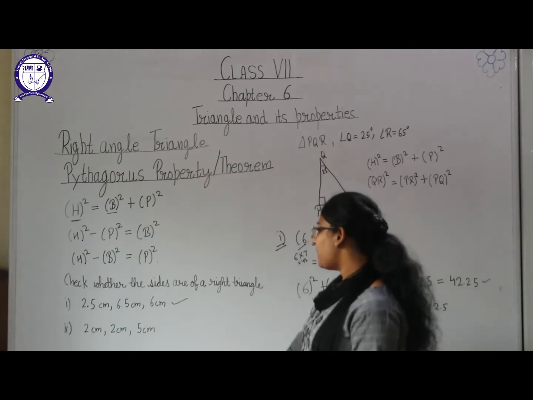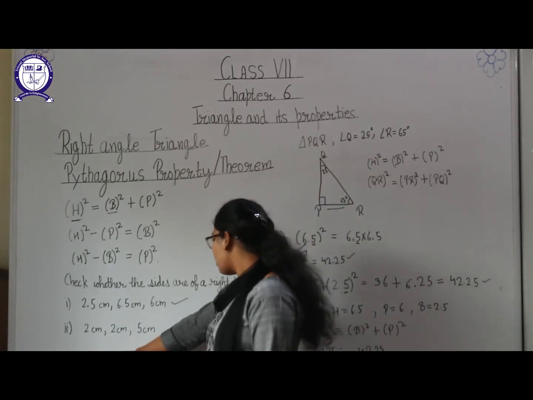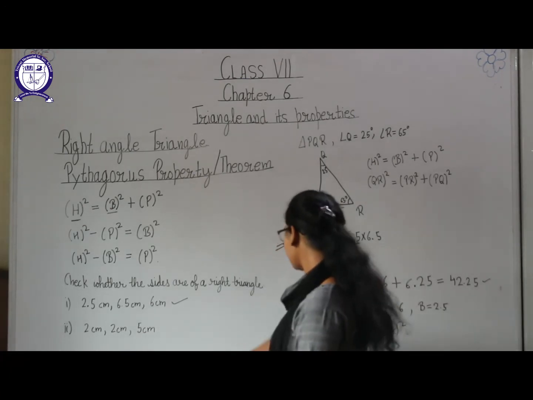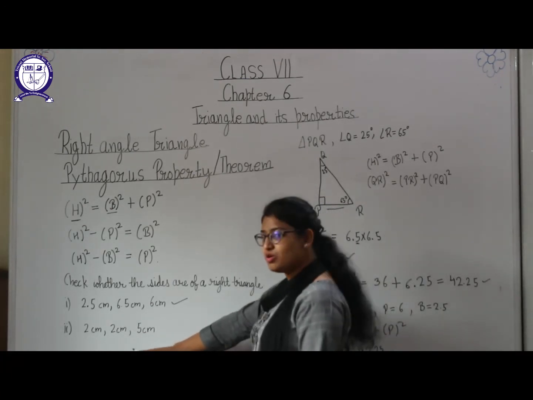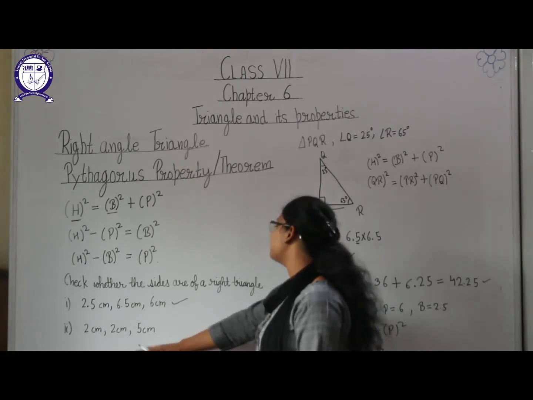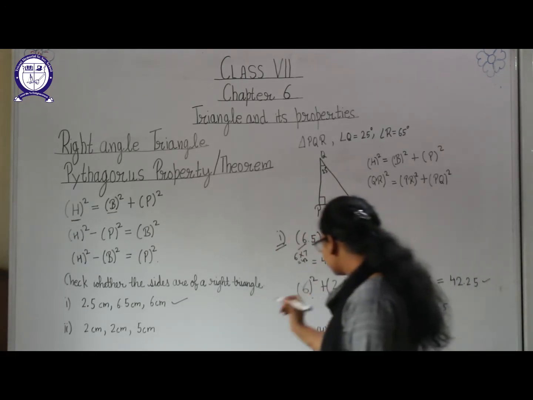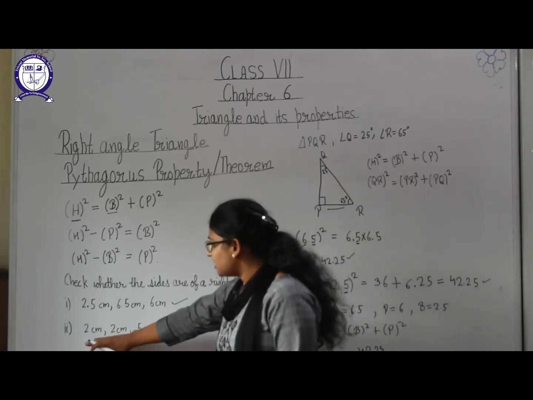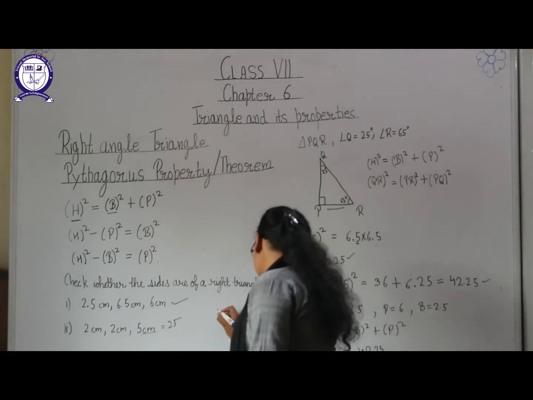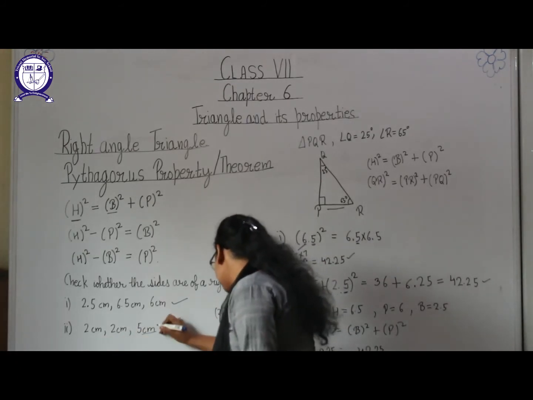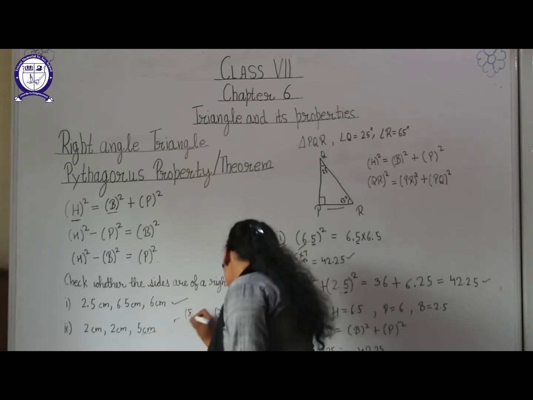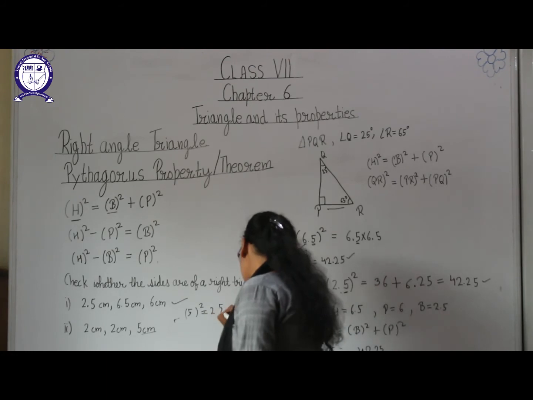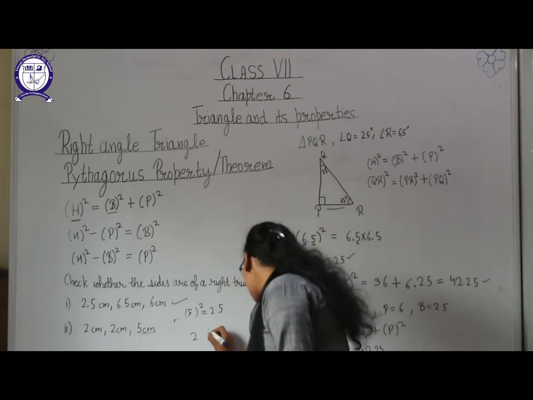Okay, now the second part. Here the three sides are given: 2 centimeter, 2 centimeter and 5 centimeter. Here again we will take the largest number, which is 5. The square of 5 is 25, and the other two numbers are 2 and 2.